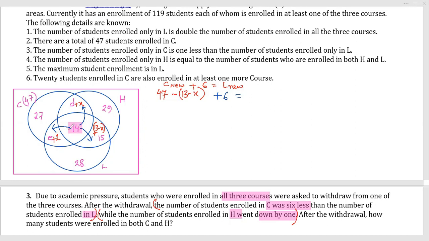How is L new found? The segment going here is D, and the segment going here is X. But initially it was the total number, from which X is going, and in the total number also one variable E is present.